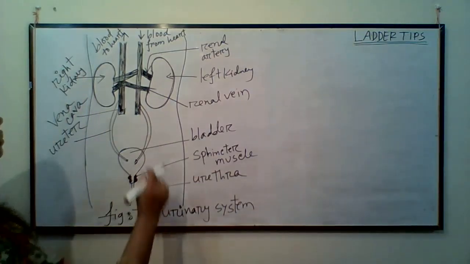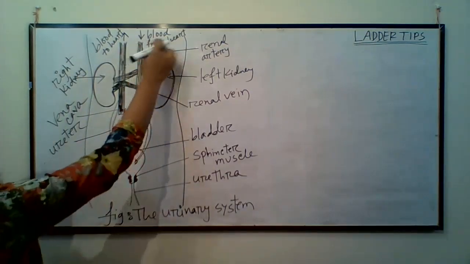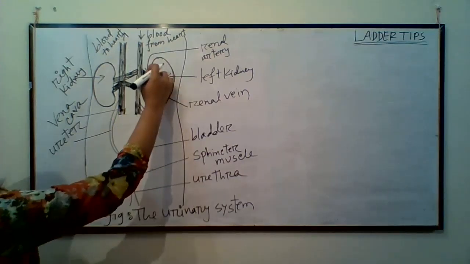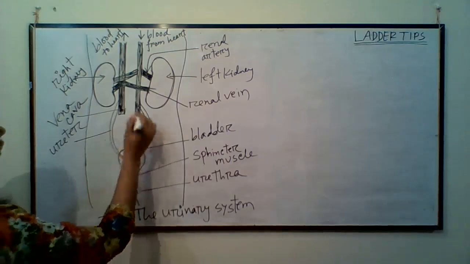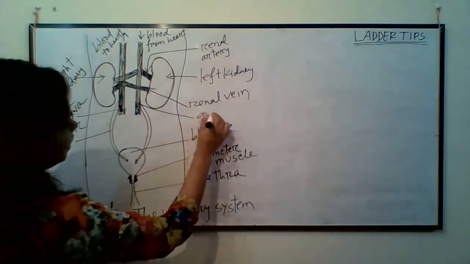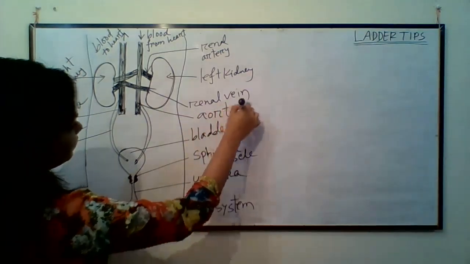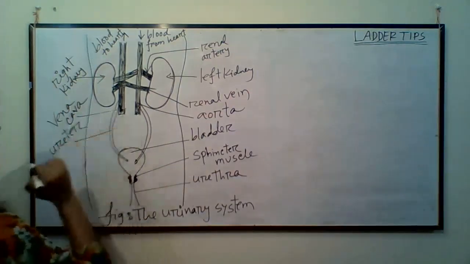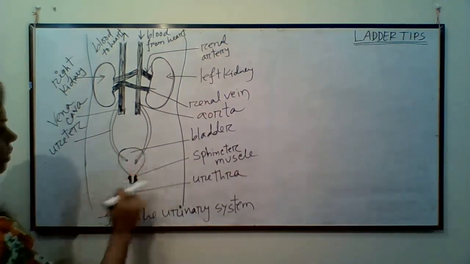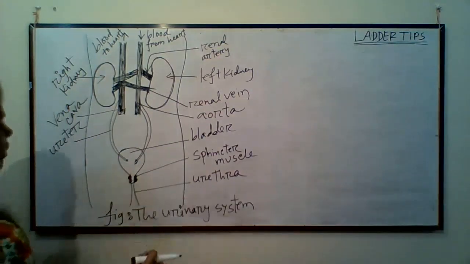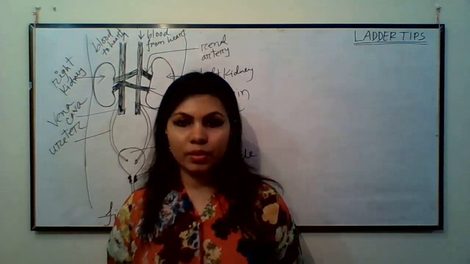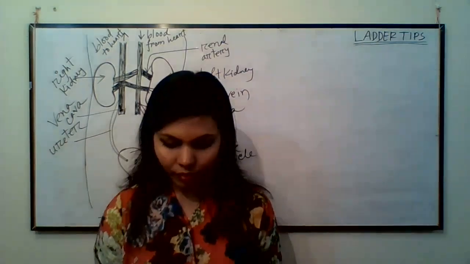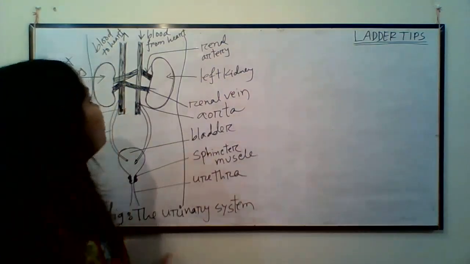I have already drawn the system, and this is the renal artery and renal vein, and I have to write another thing, aorta. Then vena cava, ureter, bladder, sphincter muscle, urethra. Okay, now I'm going to explain.